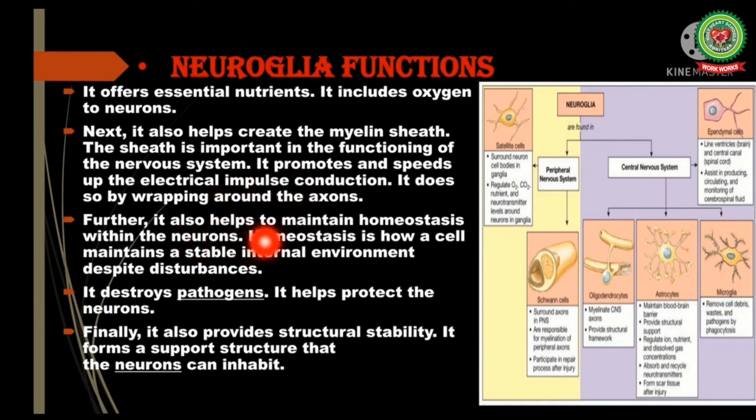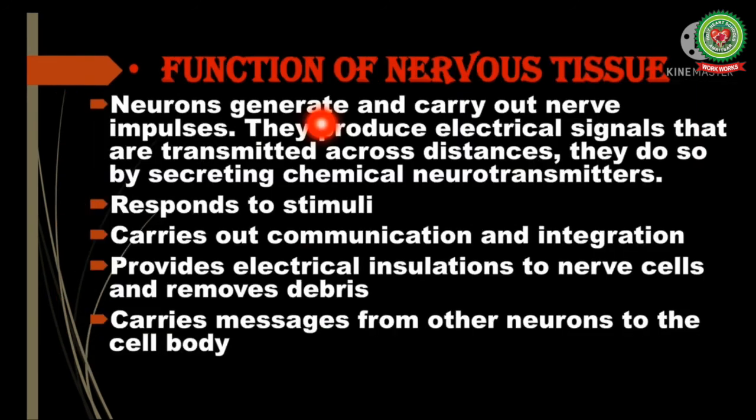Further, it also helps to maintain homeostasis within the neurons. Homeostasis is how a cell maintains a stable internal environment despite disturbances. It destroys pathogens, which helps to protect the neuron. Finally, it also provides structural stability. It forms a support structure that the neurons can inhabit.